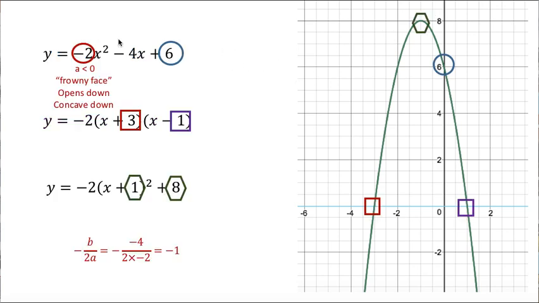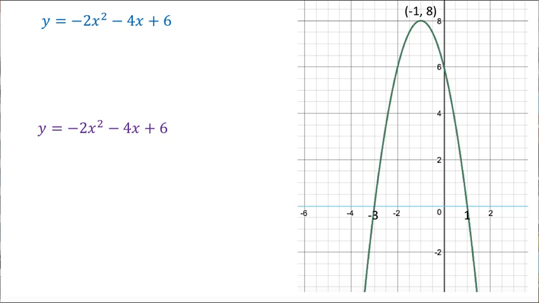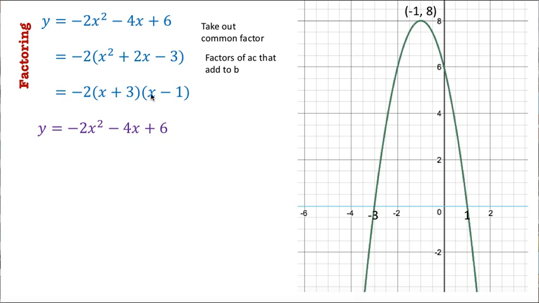So I think that little color-coded thing there hopefully will help you remember the influence each of the parameters has. Okay, now how do I convert to the different formats? Well, same factoring. We take out the common factor first, -2, and then look for factors of AC that add to B. In this case, it's +3 and -1.